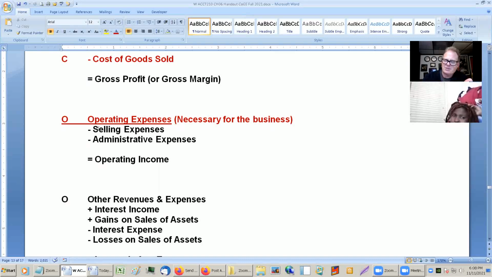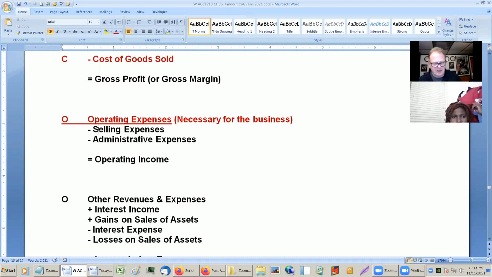So for instance, the selling expense would be to have a store. If you have a store, you have to have people to stock the store, people that are the cashiers and all that kind of stuff. Those are selling expenses. They're related to actually selling whatever it is. So if I have my little toy shop and I'm selling cars, I gotta have a shop for people to walk into and all that kind of stuff. That's all selling expenses.